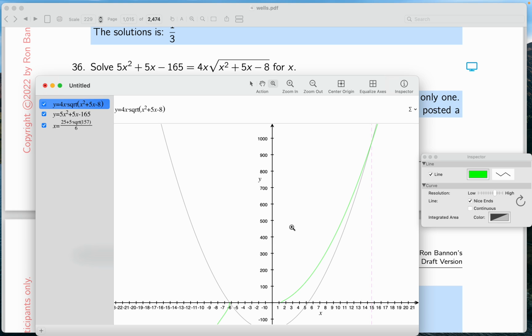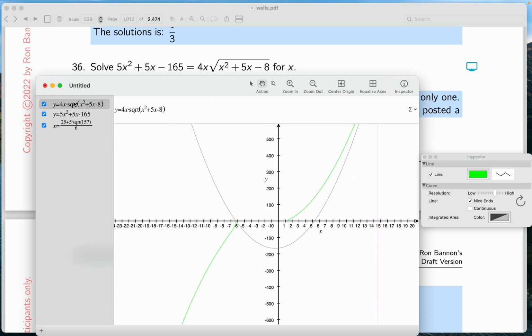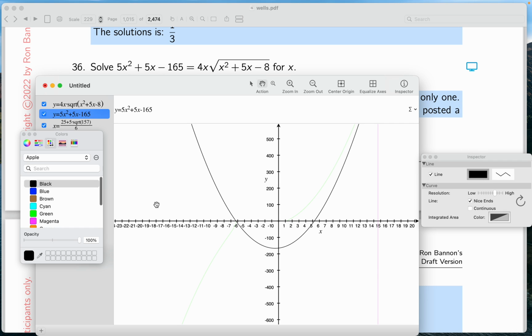So I hope you see that I'm graphing the right-hand side, which is 4x square root of x squared plus 5x minus 8. And I'm also going to graph the left-hand side, which is 5x squared plus 5x minus 165. And let me color that something different too. I'm going to color it blue.